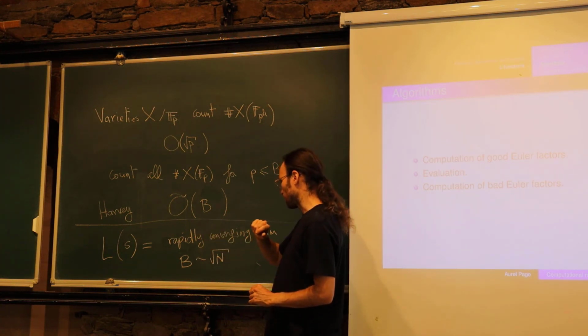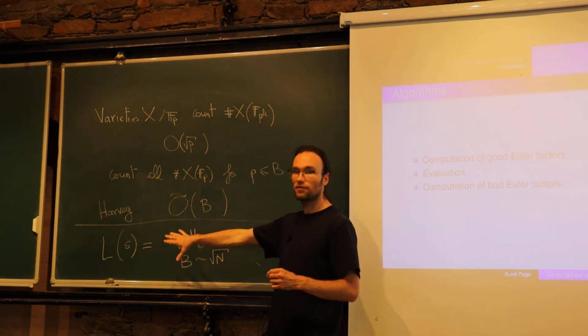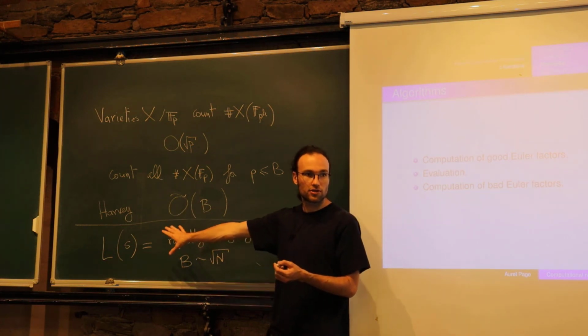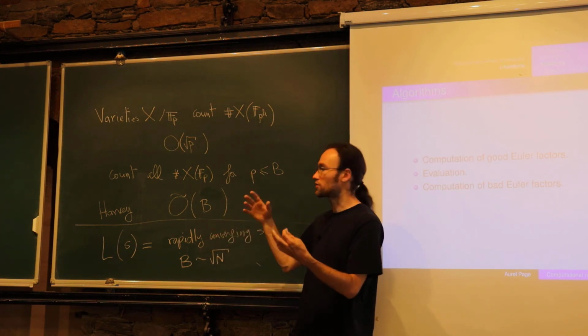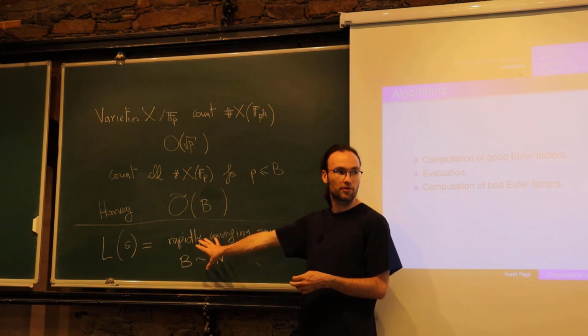And it's an expression that converges even when the Euler product doesn't. So that's enough to evaluate at other points, the ones that are in the critical strip, etc.